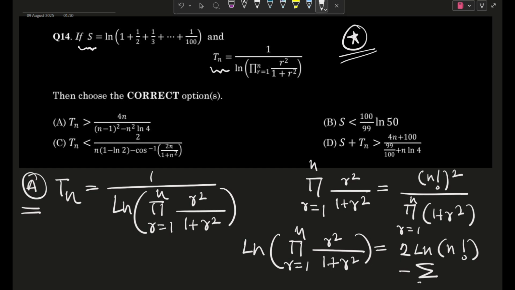So r equals 1 to n, and this thing will be ln of 1 plus r square.